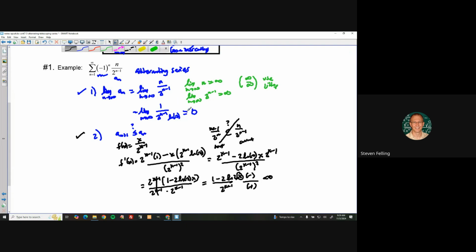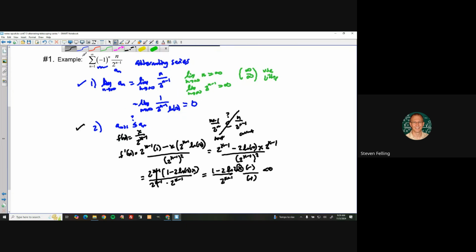So then we can finish by saying this. Since that's true, the series n equals 1 to infinity of negative 1 to the n over 2 to the n minus 1 converges by the alternating series test.